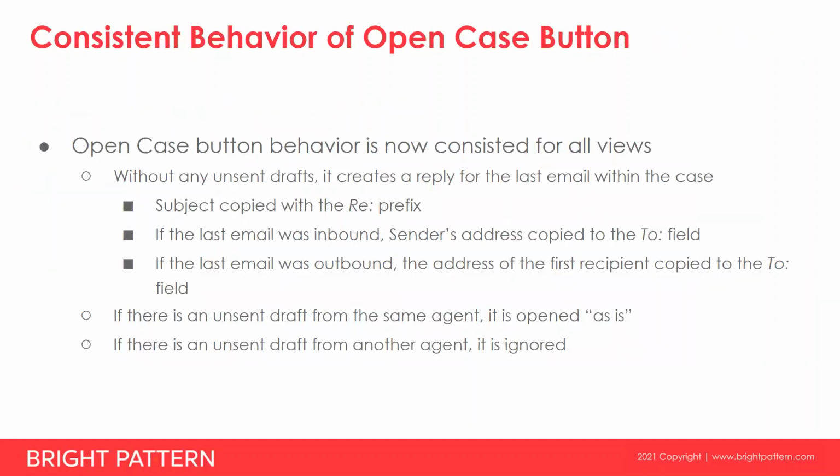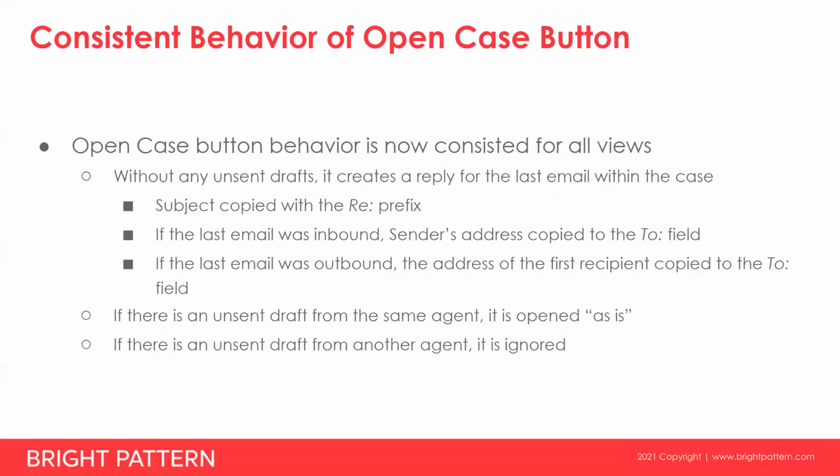And we've also made the behavior of opening up a case consistent. So depending on how and when a case was opened, some of the behavior was slightly different. So we've standardized that. And just to explain what the behavior is now: if you don't have an unsent draft, then the subject gets copied with the RE prefix.